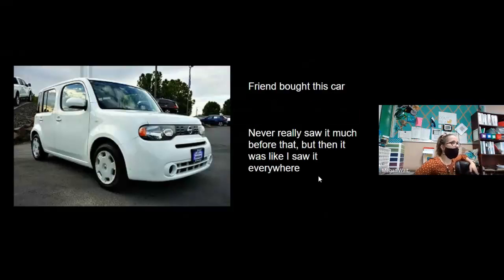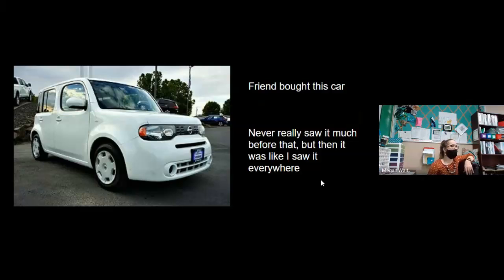All right? So the next thing that we're going to talk about, this is my friend's car. It's a Nissan Cube. I think it's a Nissan, but it's one of those cube cars. So she bought this car, and before she bought this car, I had never seen it before.